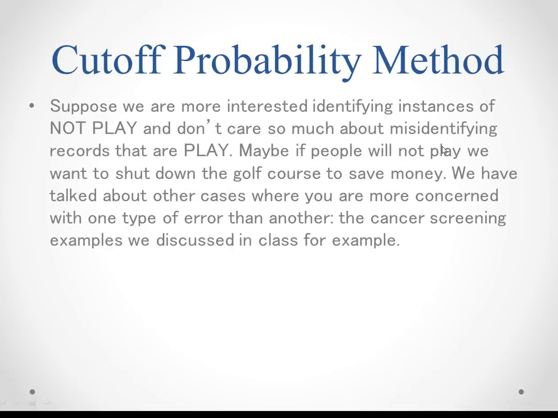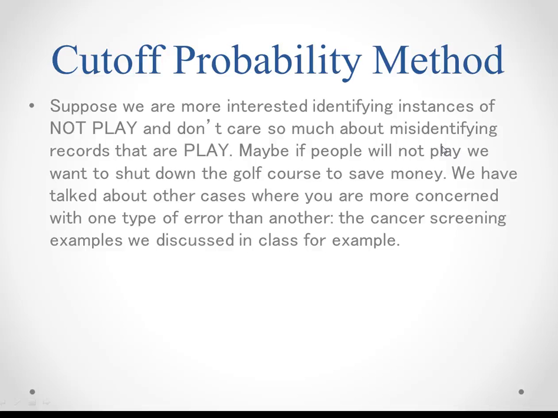Okay, now we have something called the cutoff probability method. Suppose we are more interested in identifying instances of not play, and we don't care so much about misidentifying records that are play.